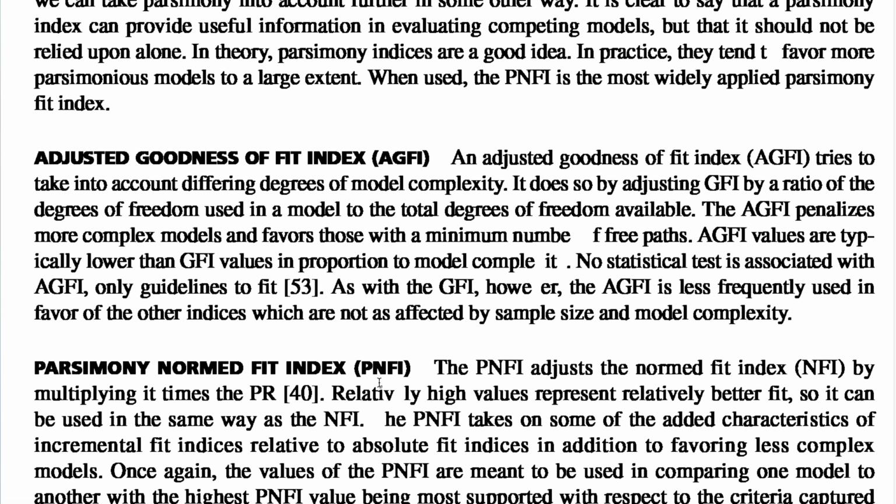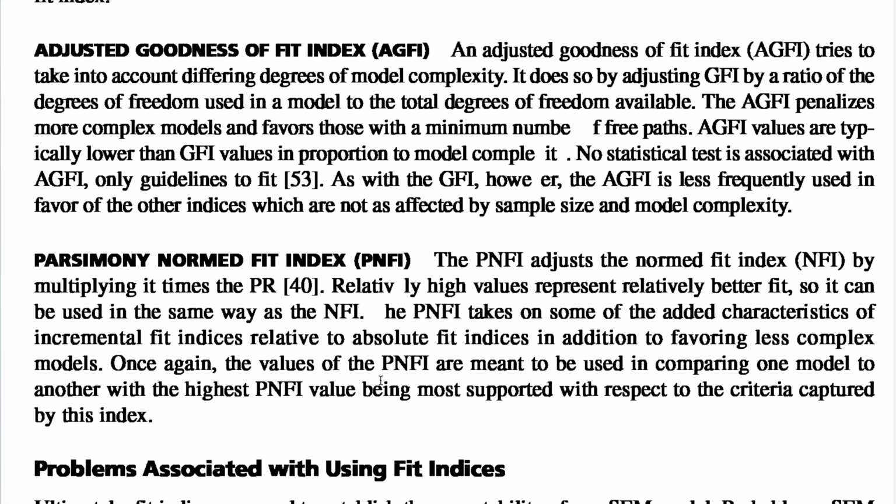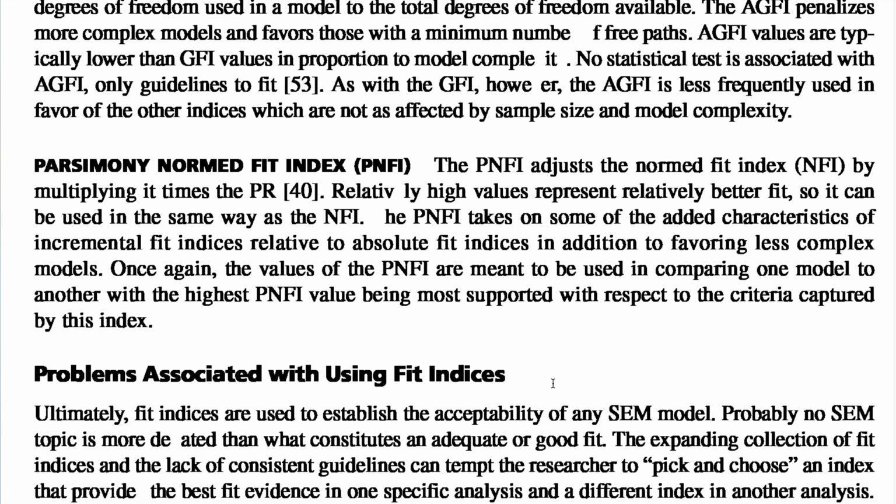Parsimony normed fit index, that is PNFI. The PNFI adjusts the normed fit index, which we call NFI, by multiplying it by the parsimony ratio. Relatively higher values represent relatively better fit, so it can be used in the same way as the NFI.